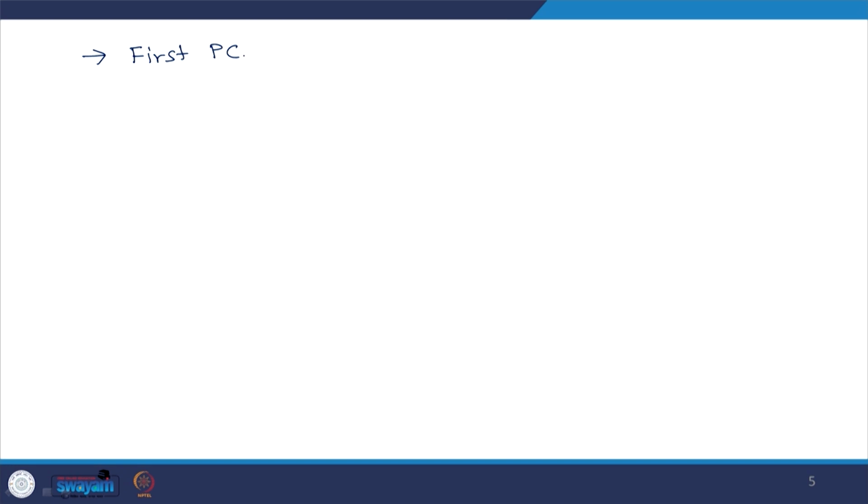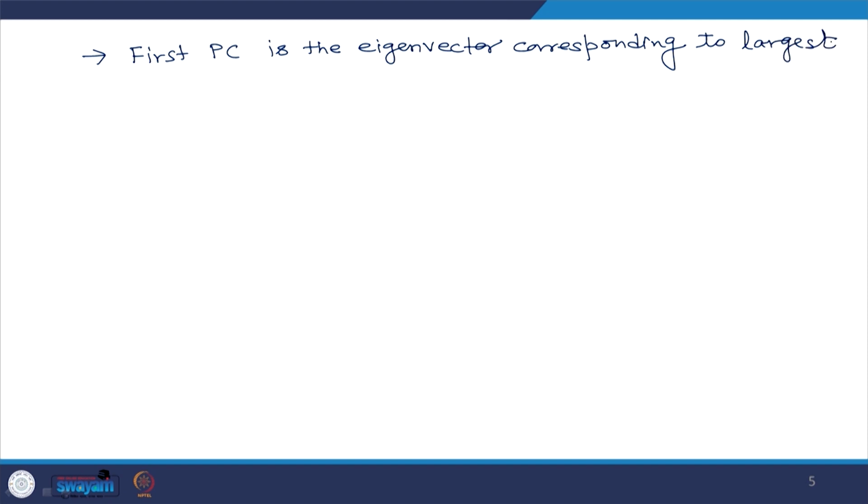So, the first principal component is the eigenvector corresponding to the largest eigenvalue of the covariance matrix.